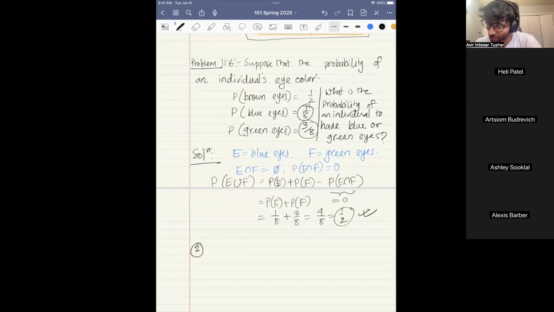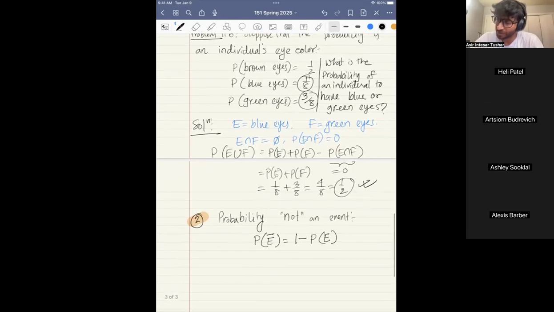Okay, next property: probability of not an event. So the probability of E bar is 1 minus the probability of E. Or, if I want to take that side, the probability of E is 1 minus the probability of E complement.